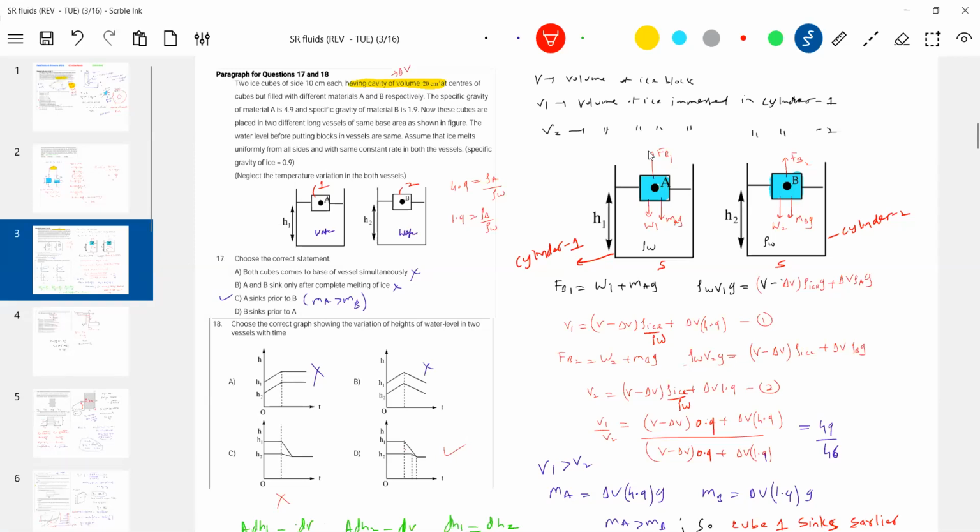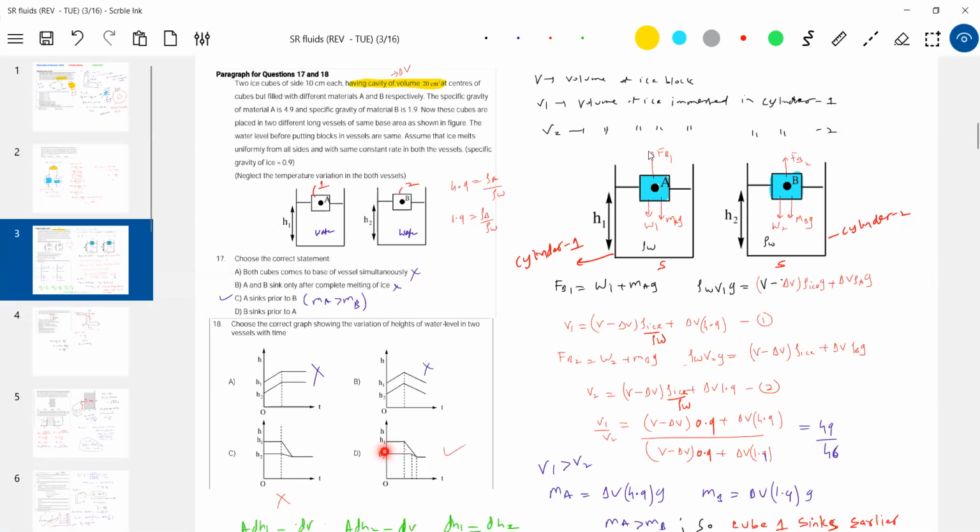Okay, you can ask questions. What is the use of this? I have to answer this one. Which one will have more volume immersed? The ice block in cylinder 1, its volume immersed will be more. He may ask why H1 is greater than H2. How can I say from this data? Are you able to analyze?